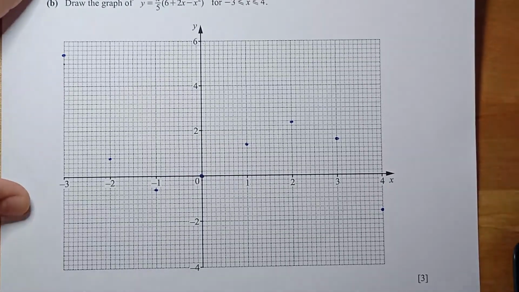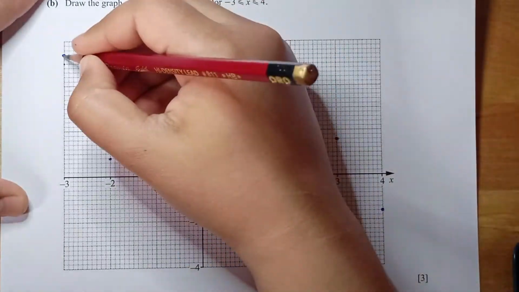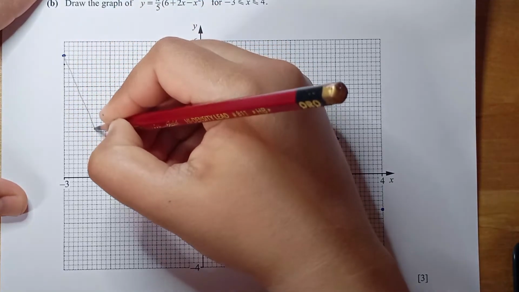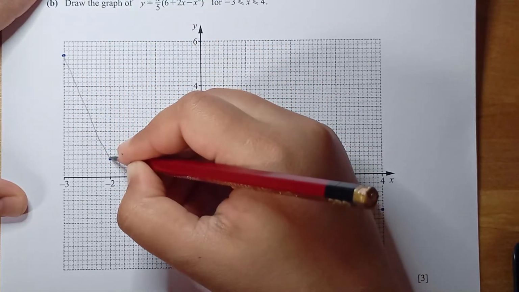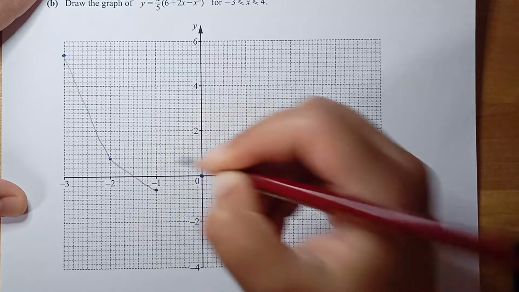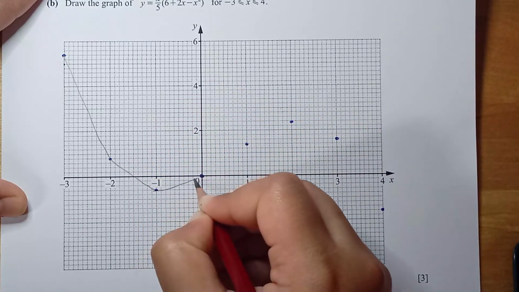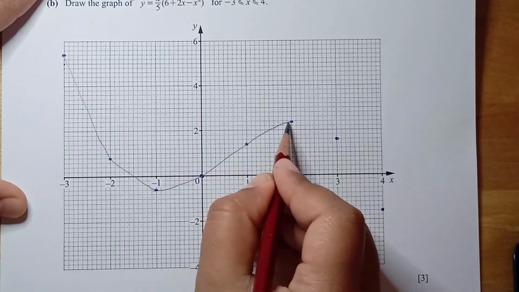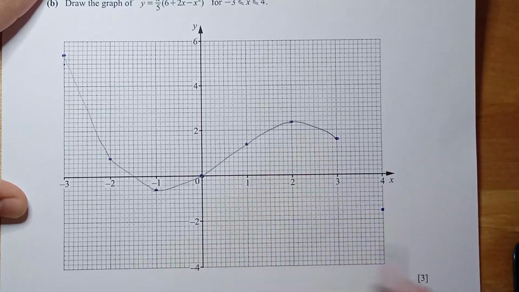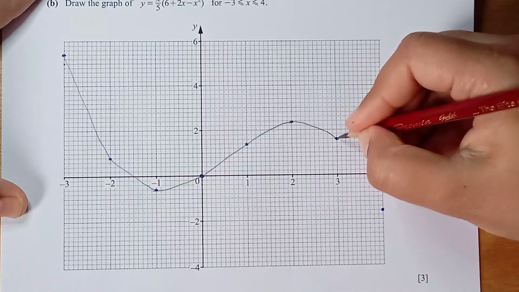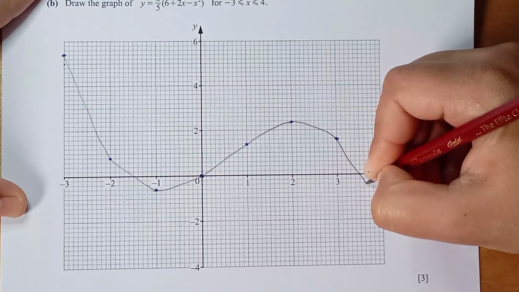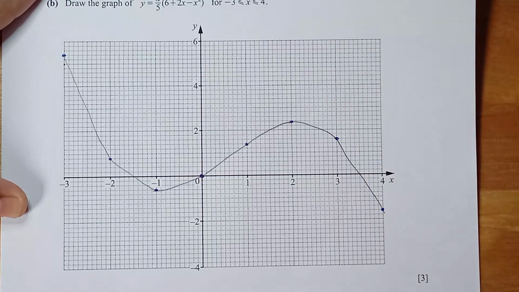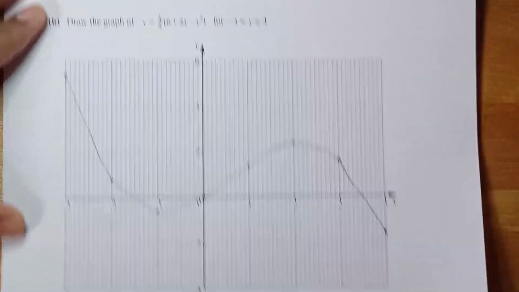Let me connect all these points to get a smooth curve and make sure the curve passes through each and every point. So this is the curve for the given function.